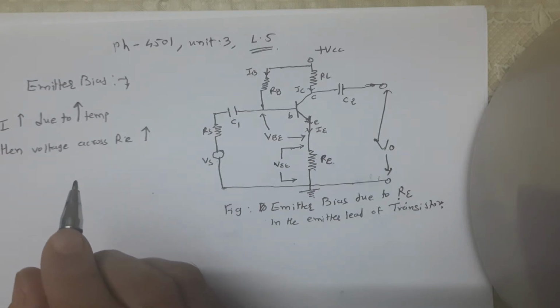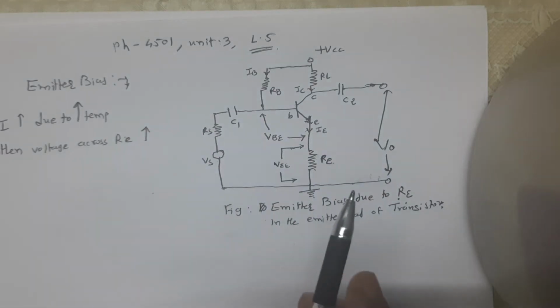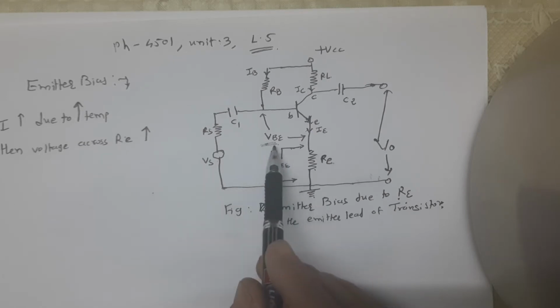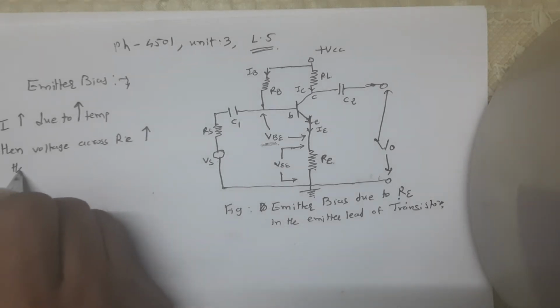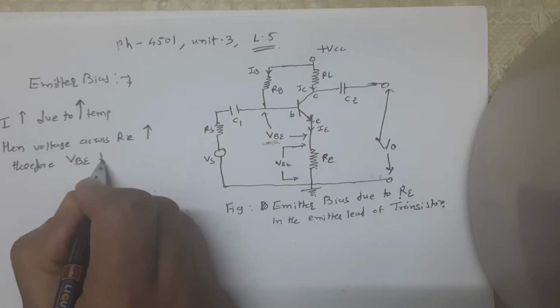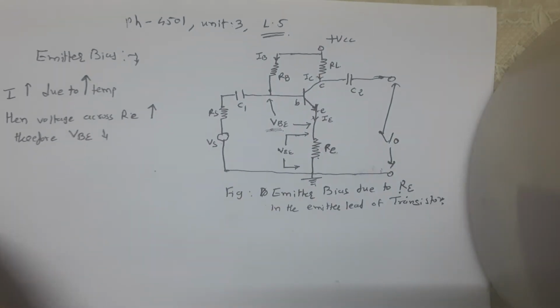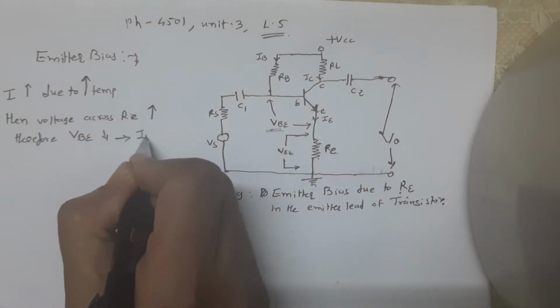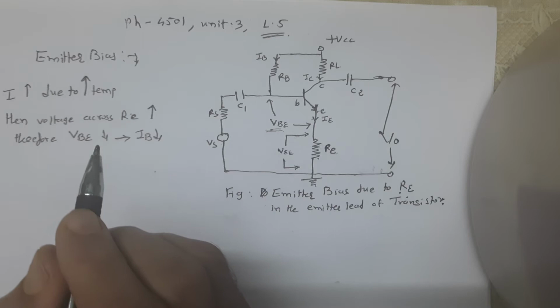As a result, the voltage between the base and emitter, that means VBE, decreases. Therefore VBE decreases, which causes a decrease in IB. That means IB also decreases.